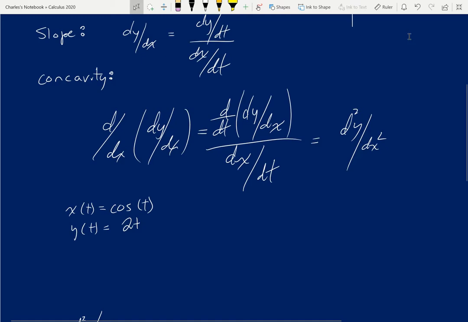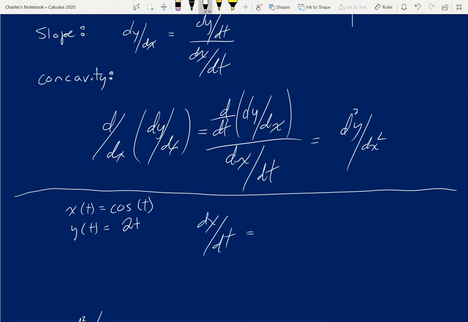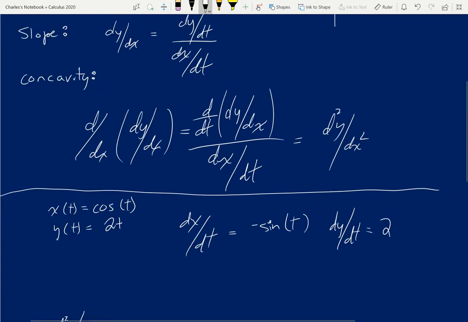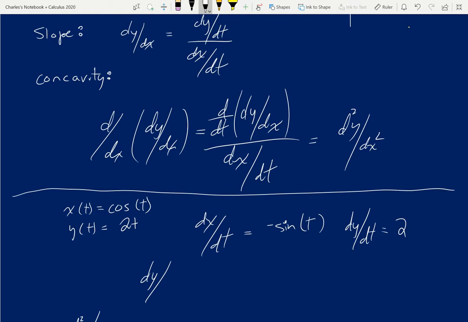So let's say dx/dt is going to equal negative sine of t. dy/dt is going to equal 2. dy/dx is going to equal 2 over negative sine of t, which I believe should be 2 cosecant, negative 2 cosecant of t.